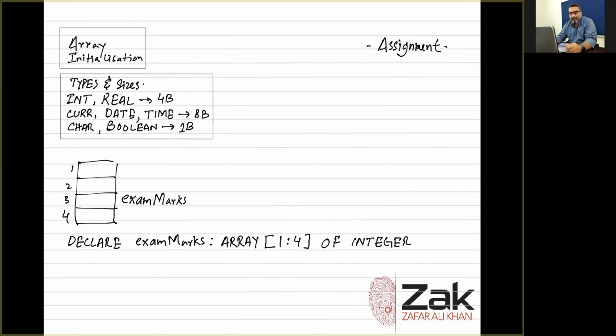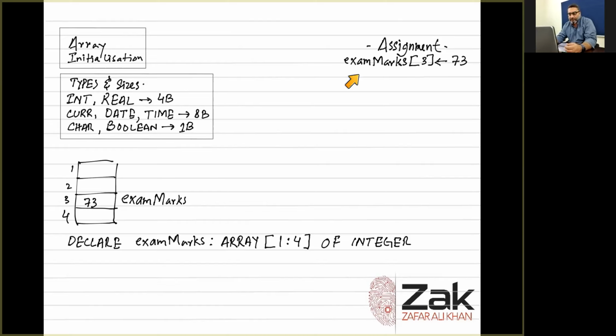Now, how do we assign data to an array? Before initialization, this is actually important: how do we keep data in an array? How do we actually place data in an array? So first thing, let's say I want to place 73 at this location. Let's say these are exam marks for one of the students, for one of the subjects.